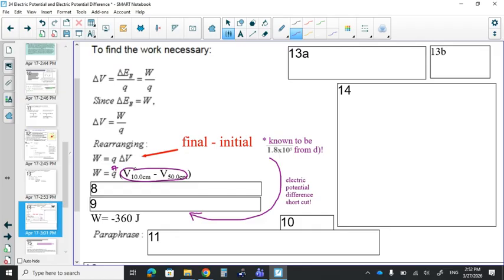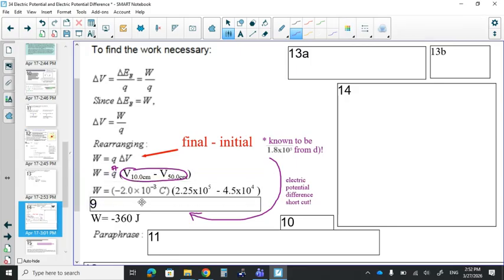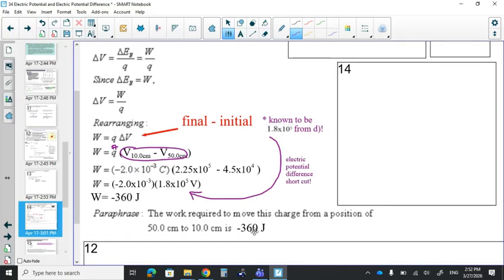That's 360. Right? Because it was like 2.0 times 10 to the whatever, right? So it all works out to be the same as that in the end. But it's just a long way of getting there if you're doing it for a specific charge for some reason and not taking advantage of the fact that you already know this electric potential difference, right? So yeah, it's 360 joules, right?